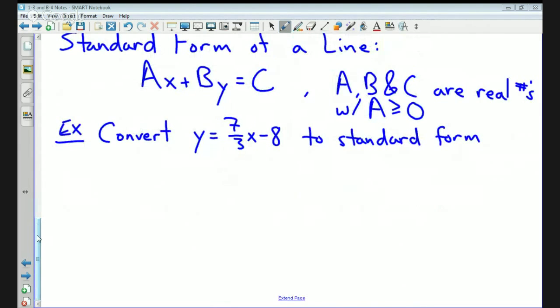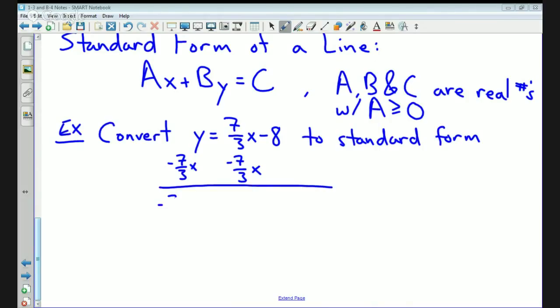And it really is, in this case, a matter of moving things around and, if need be, multiplying the whole equation by a negative in order to ensure that the number in front of the x is positive. So just to illustrate this, I'm going to subtract 7/3 x from each side of the equation.